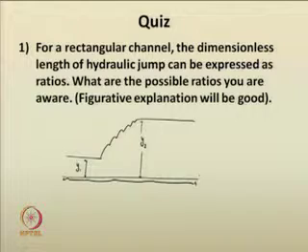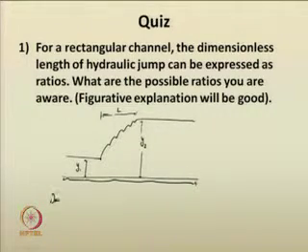So, based on this pre-jump depth and post-jump depth, the starting of the jump to the portion where the rollers in the jump concludes, which is haphazard and all, that is called the length of the hydraulic jump. So, normally you express the length of the hydraulic jump as some dimensionless quantities with respect to the available parameter, that is the available or distinct parameters like the depth of flow pre-jump and depth of flow post-jump.